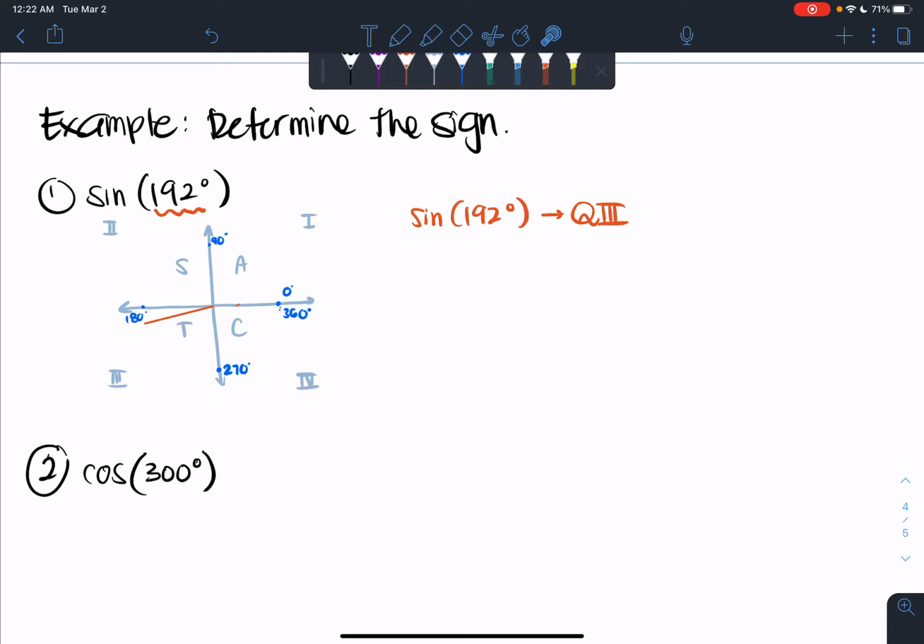But now looking at which value is positive in quadrant 3, we know tangent is the only one that's going to be positive in quadrant 3. So this tells us that the sign of 192 degrees will be negative. So when we write this out, we could say sine of 192 degrees is less than 0, meaning it's negative.